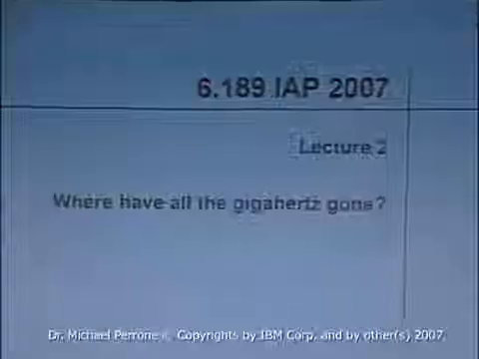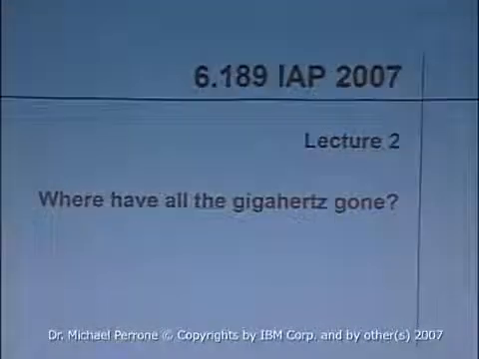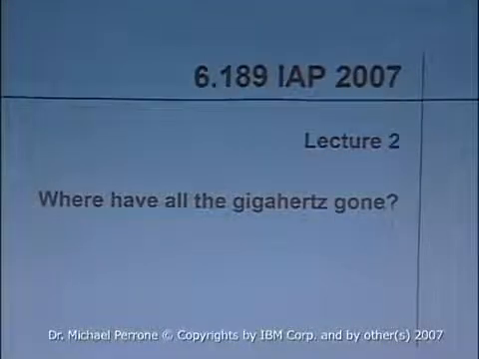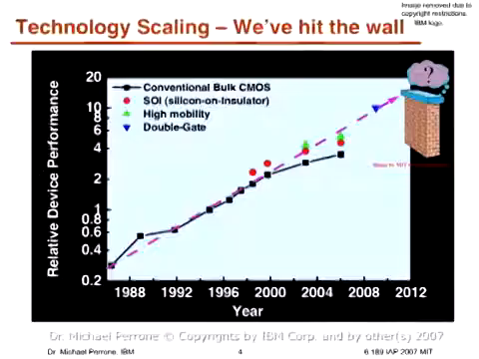All right. So where have all the gigahertz gone, right? We saw Moore's law, things getting faster and faster. And the answer is, I have a different chart, but it's basically the same thing. You have relative device performance on this axis, and you've got a year here. And different technologies were growing. But now you see they're thresholding.